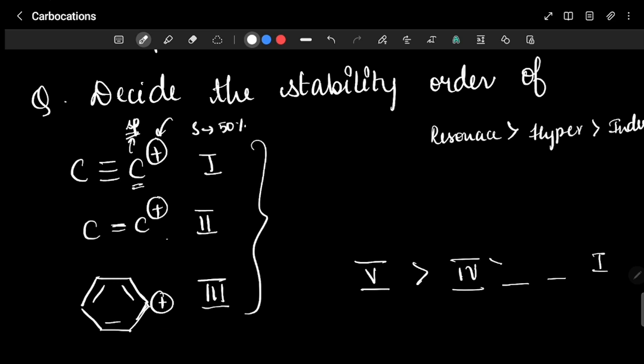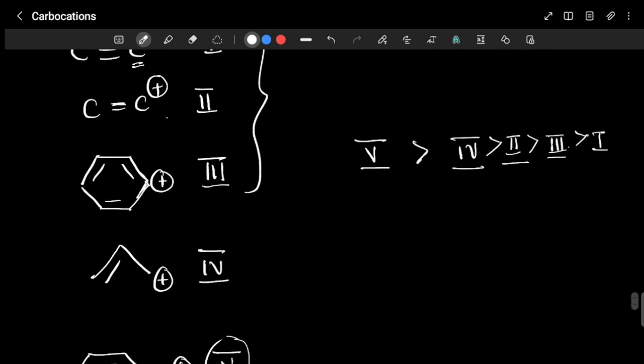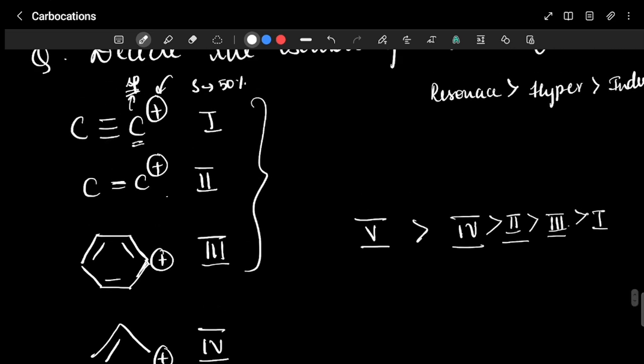So among 2 and 3, how do we decide? Phenyl carbocation is less stable than vinyl. So vinyl is more stable than phenyl. Right. So this will be the order: 5, 4, 2, 3, 1. It is just a factual point that vinyl carbocation is more stable than phenyl.